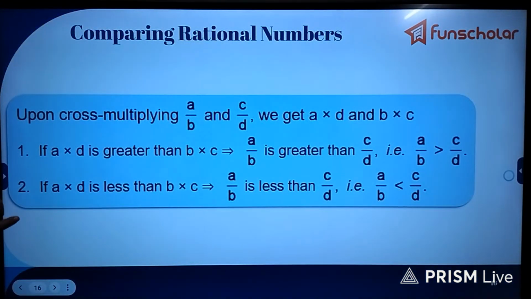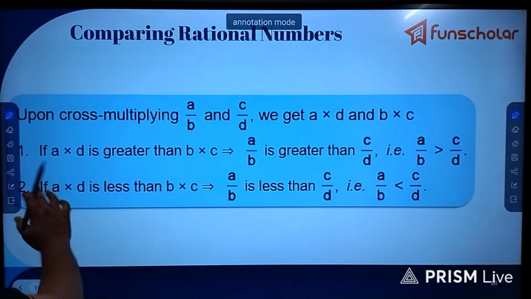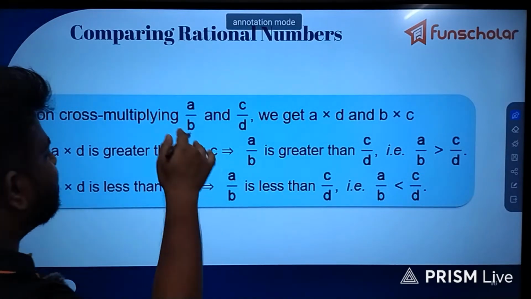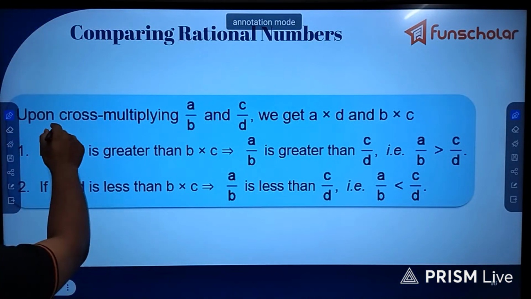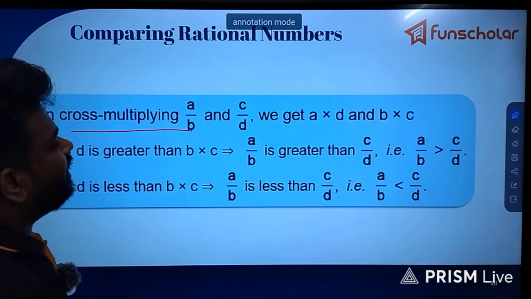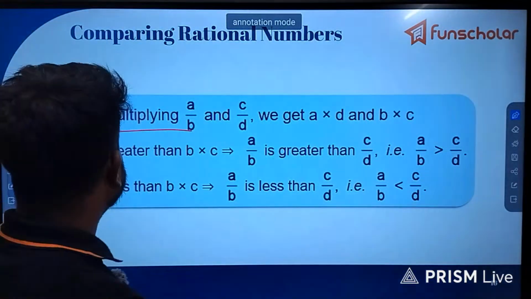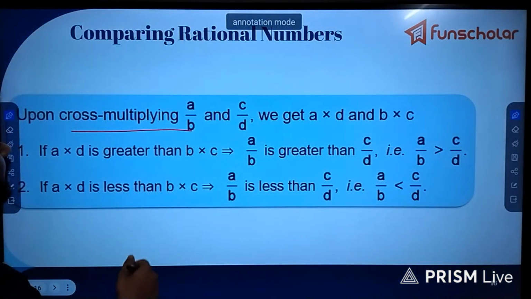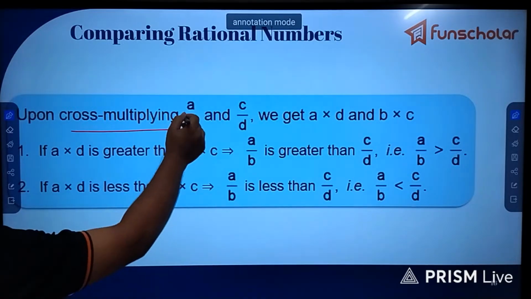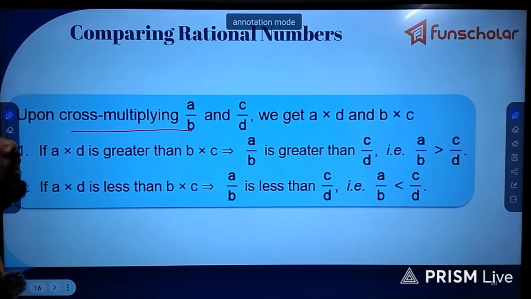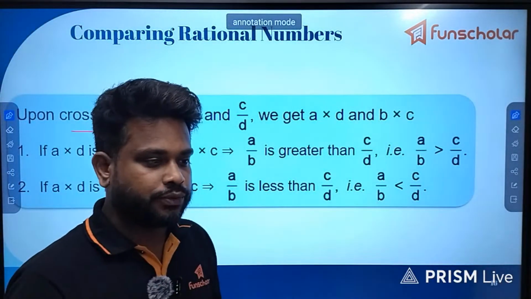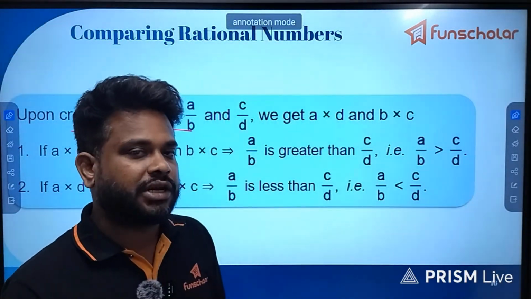So let's go next. In this case they have described the diagonal method or the cross multiplying method, and yes, I have already done the previous sum using this method, where we multiply diagonally to find out which fraction or which rational number is bigger.